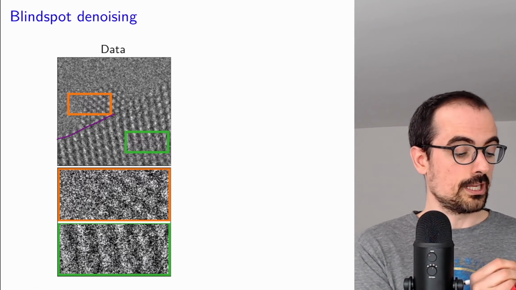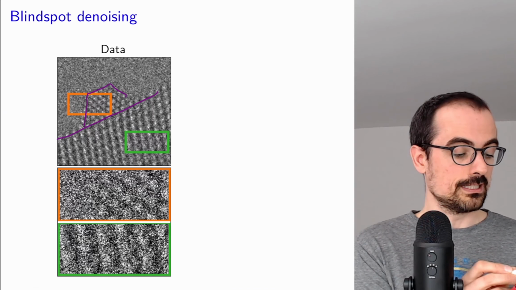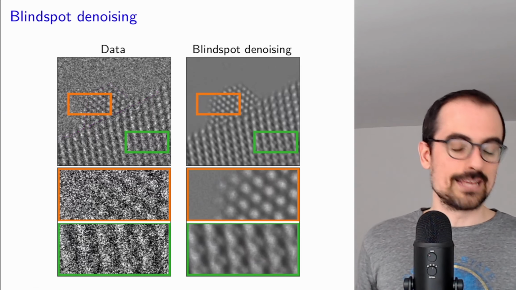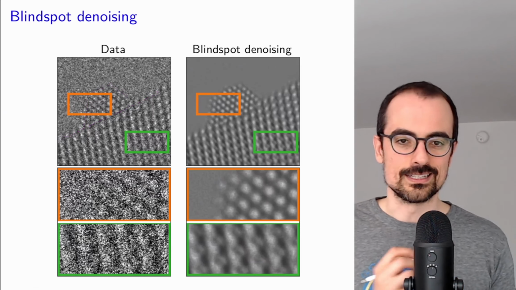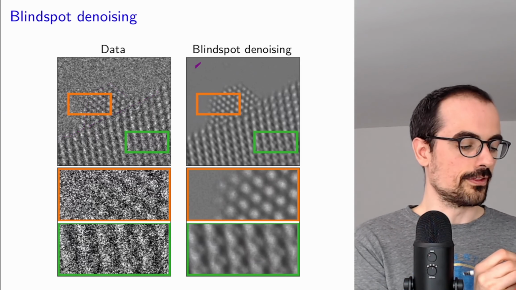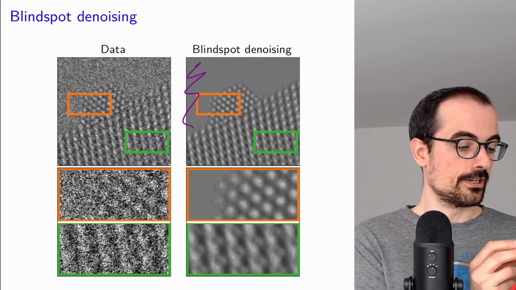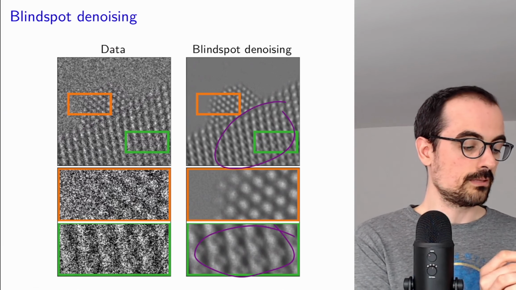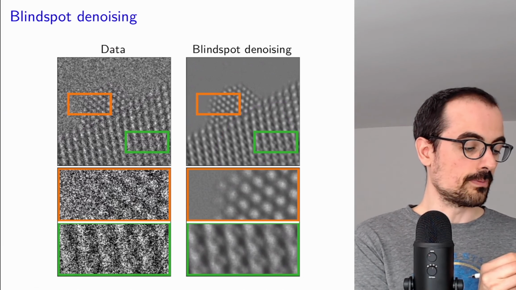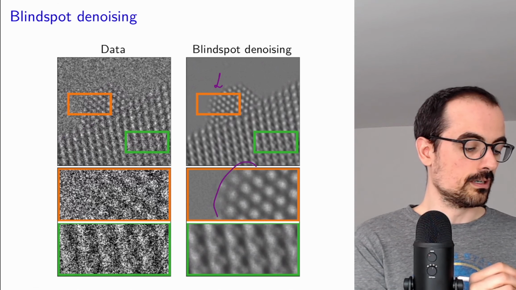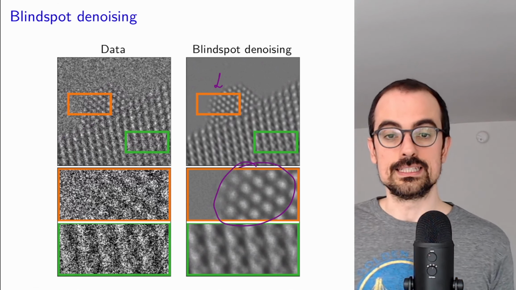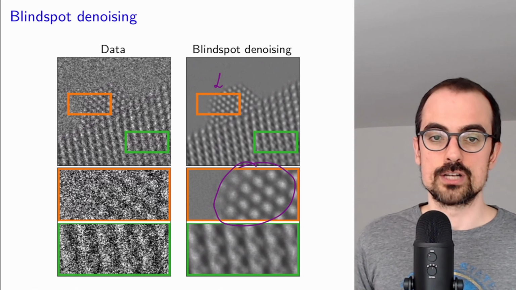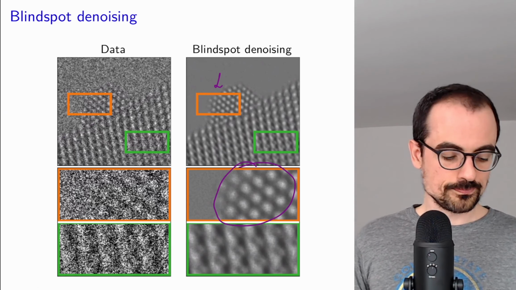There's a substrate here and there's a nanoparticle, but we can barely see it. When we apply the denoiser, it's quite amazing. It actually manages to figure out that here there's just vacuum. Here there's a periodic substrate, which is recovered quite well. And here there's a nanoparticle, and we even recover the atomic structure on the nanoparticle quite accurately.